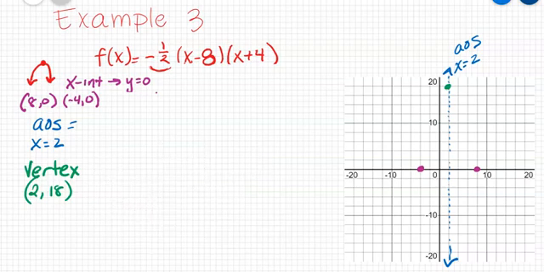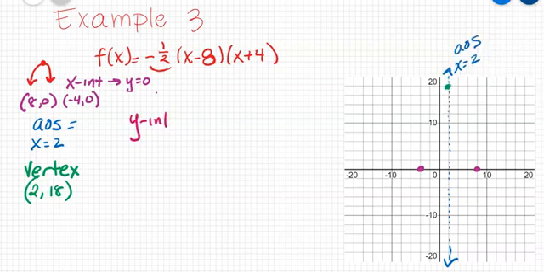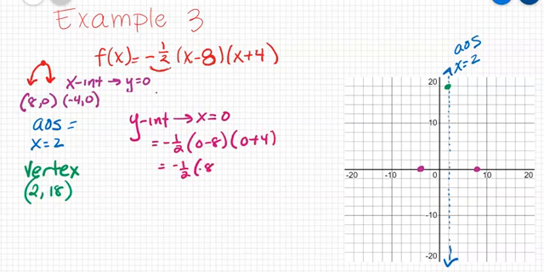The next thing we need to do, you remember what it is? It is finding our y-intercept. The y-intercept is when x equals 0, so we will do the same thing we did for the vertex, but this time we'll plug in 0 for x, and we get negative 1/2 times 0 minus 8 times 0 plus 4, which is just negative 1/2 times negative 8 times 4.